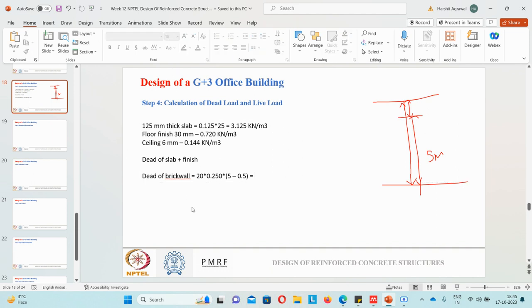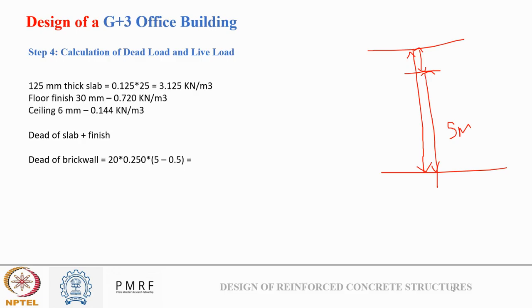Once this load calculation is done, you can calculate the net load acting on a beam or a slab, on a beam basically. You know different kinds of load, that is the dead load of different elements, so you can add them.